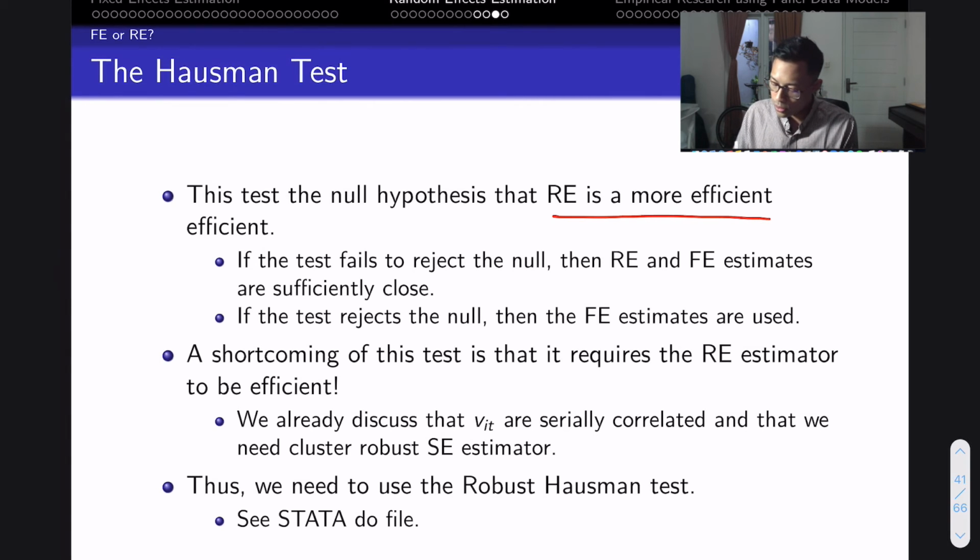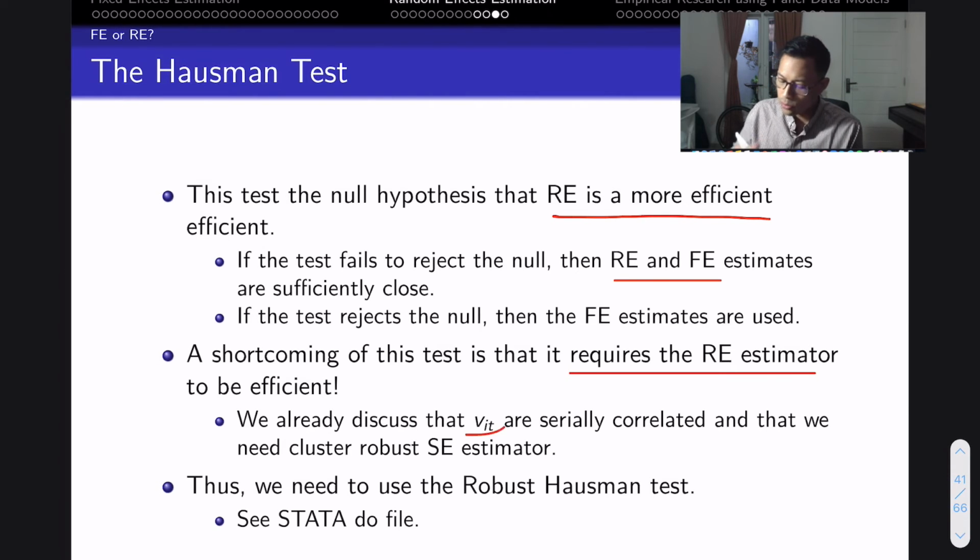Now, a shortcoming of this test is that it requires the random effect estimator to be efficient. However, in a panel data set, it's very difficult to get the random effect estimator to be efficient. Why? Well, the composite error term is inherently serially correlated, so we need to cluster the robust standard error estimator before we get that efficient random effect estimator.